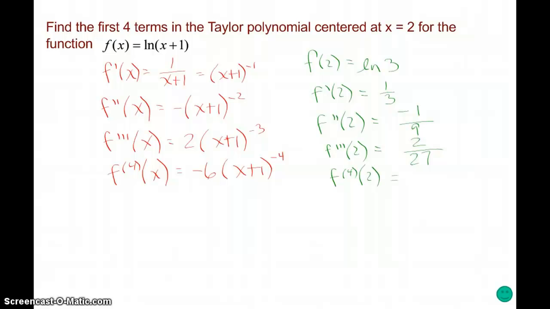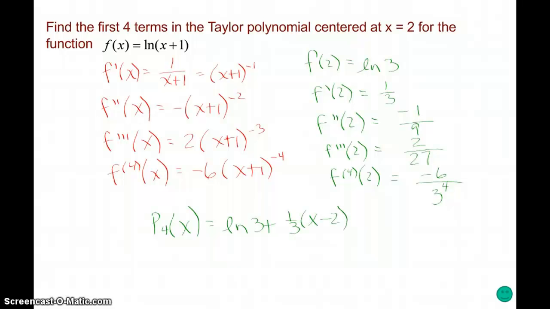Fourth derivative at 2, negative 6 over 3 to the 4th, whatever 3 to the 4th is. Can't go there.